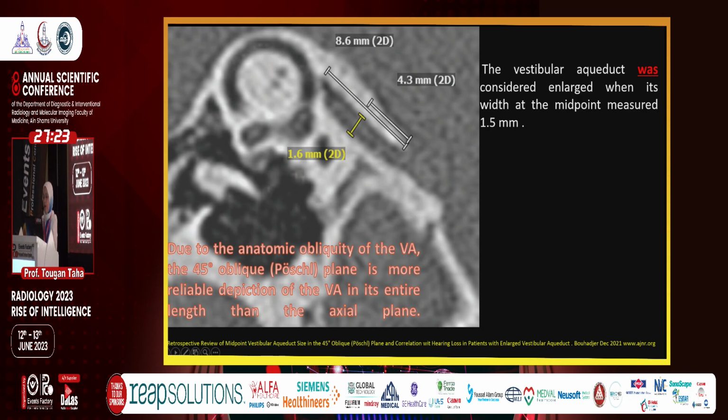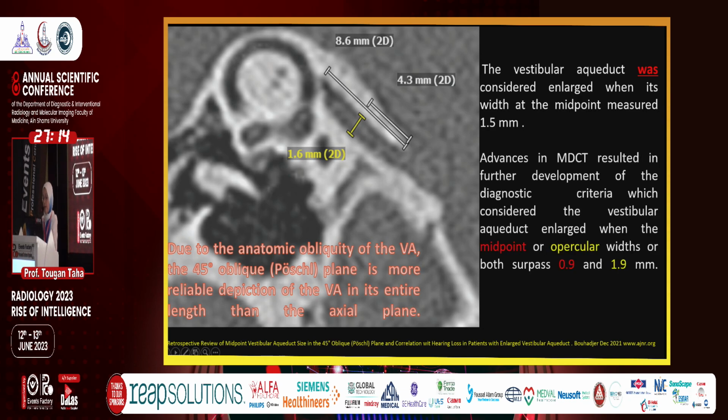The vestibular aqueduct was considered enlarged when its width at midpoint measures 1.5 millimeter, but with advancement of the CT, it is now considered enlarged when the midpoint exceeds 0.9 millimeter.